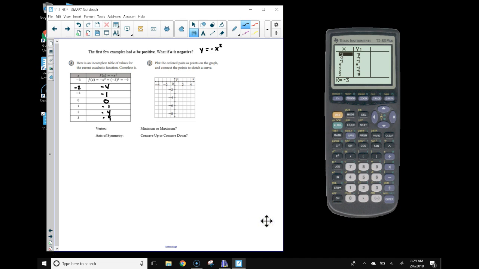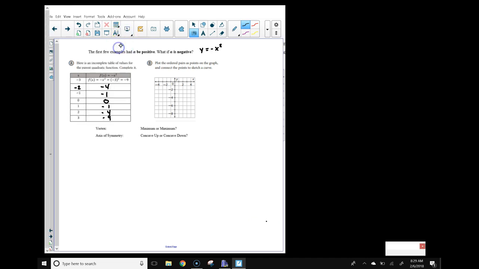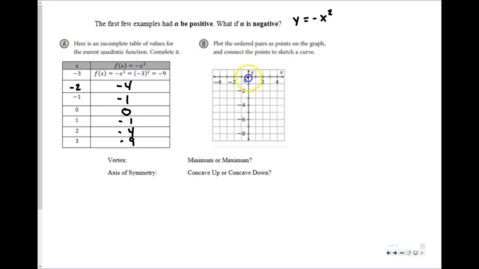So when I plot this, I'm going to have the vertex is still at 0, 0, and then again, it's always the over 1, down 1, over 1, down 1, over 2, down 4, over 2, down 4, and over 3, down 9 for our parent function. See how there's no number here, it's just a sign? Parent function always has that same pattern of 9, 4, 1, 0, 1, 4, 9, okay? So this is now flipped over, basically.